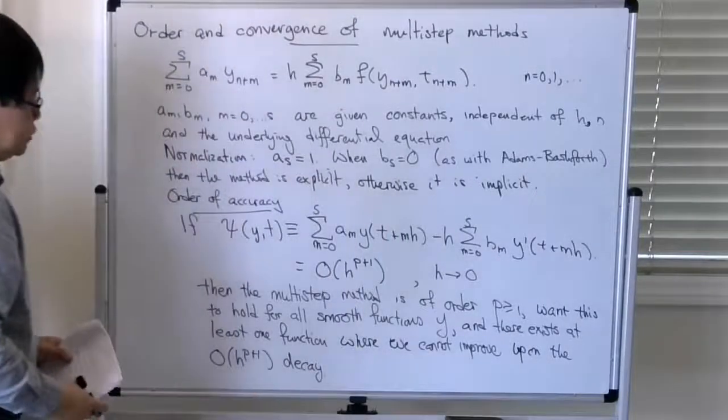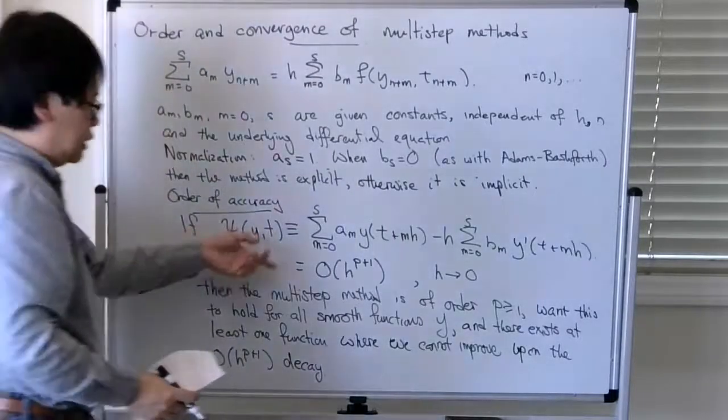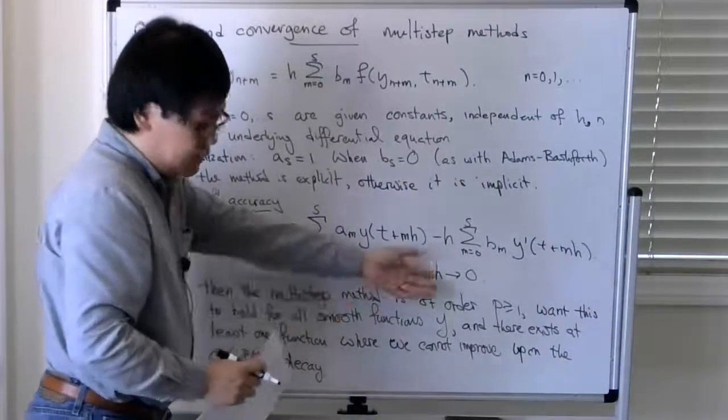So what that's basically trying to tell you is that you want to check that this estimate is sharp in order to say that the method is of order p.